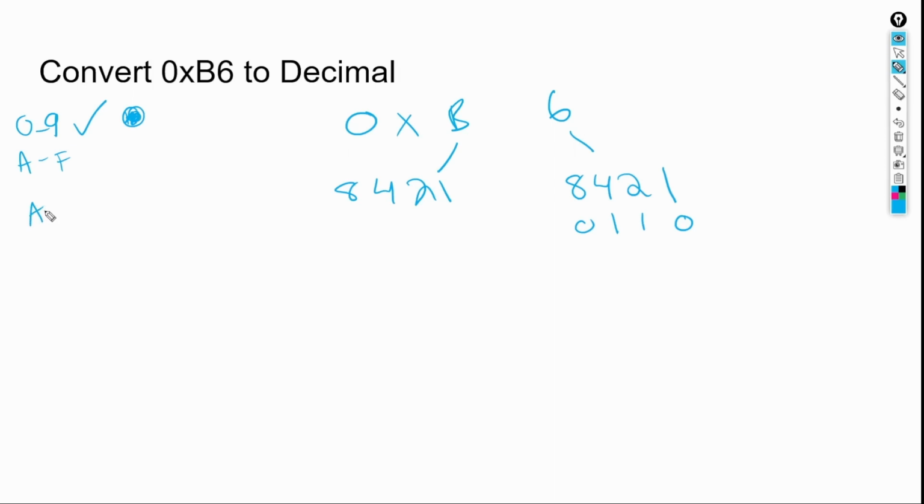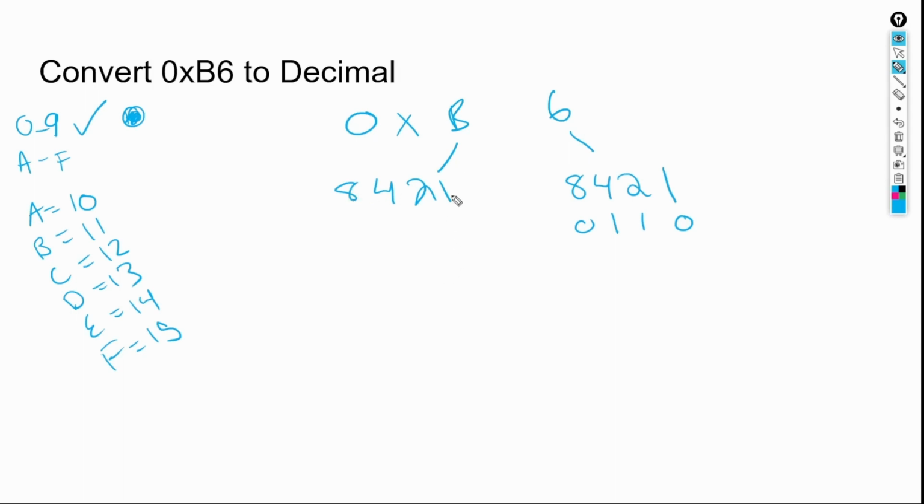So A becomes the value of 10, B becomes 11, C is 12, D is 13, E is 14, and F becomes 15. Now we have a way to write out 10 through 15 using A through F. So B has the value assigned of 11.